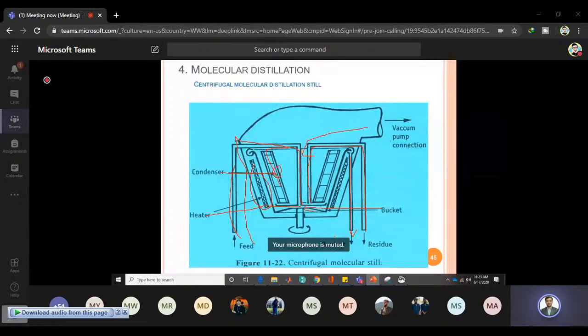But in actual concept, for a solution, the solute is the component which is in the lesser quantity, and the solvent is in the higher quantity. Similarly, we talk about liquid extraction processes.